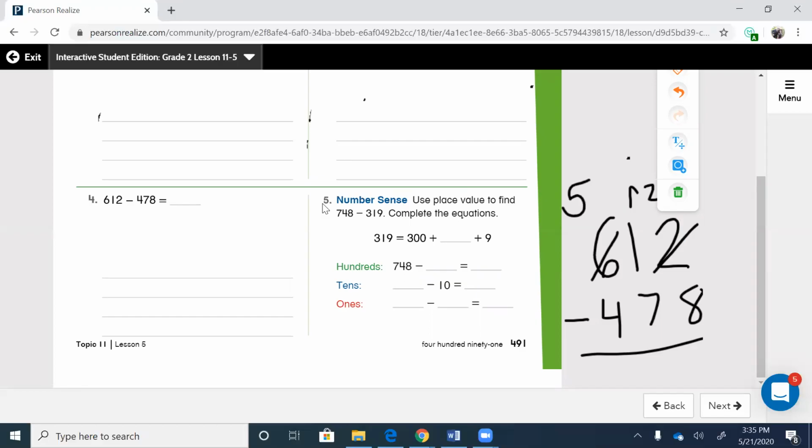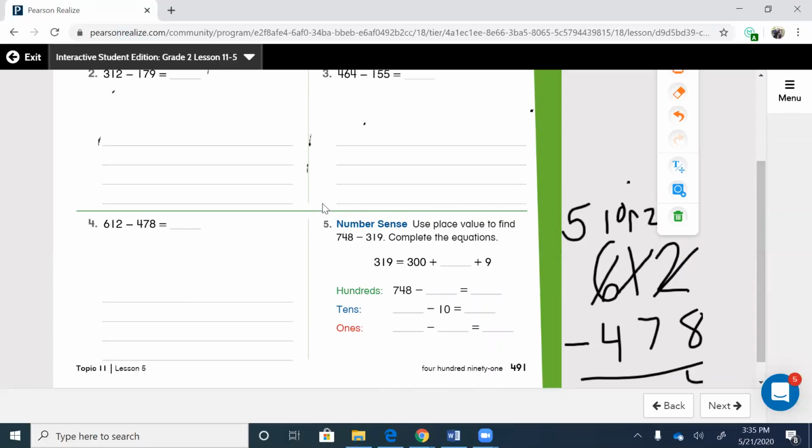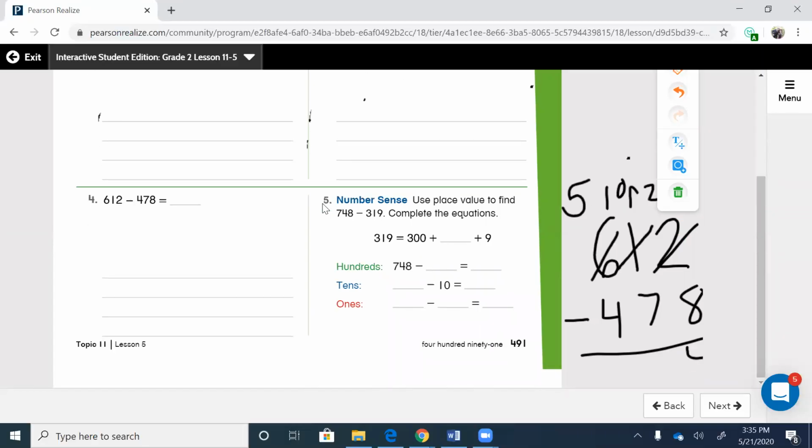Now, since we borrowed from here and we borrowed from there, that 1 is not going to be an 11. It's going to be a 10. Okay? 12 minus 8 is 4. 10 minus 7 is 3. 5 minus 4 is 1. So the answer is 134.